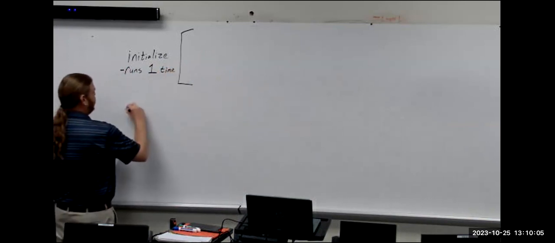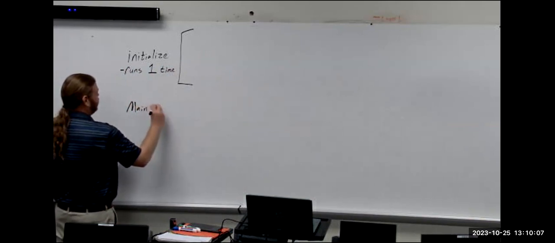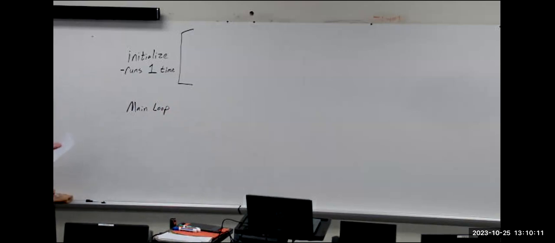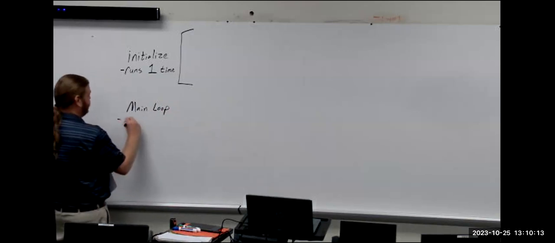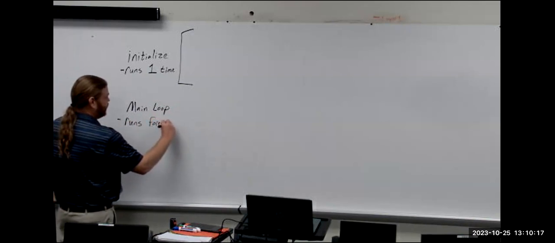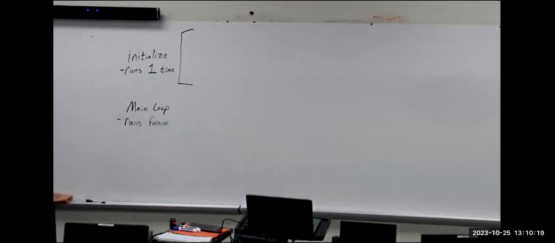Then we'll go into our main loop, which runs forever. You'll probably remember in early programming classes, they give warnings about infinite loops. Sometimes that is what we want, right?